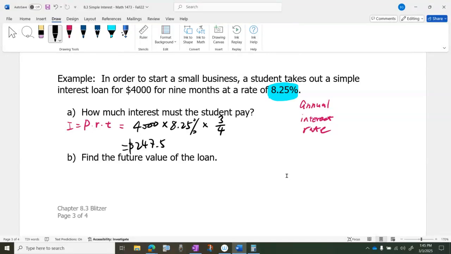So it is 4,000 plus 247.5, which is $4,247.50. That is the future value of the loan. In 9 months, you do not just repay 4,000; you have to pay more than what you borrowed. You pay $247.50 more. So future value of the loan means the addition of the principal and the interest.